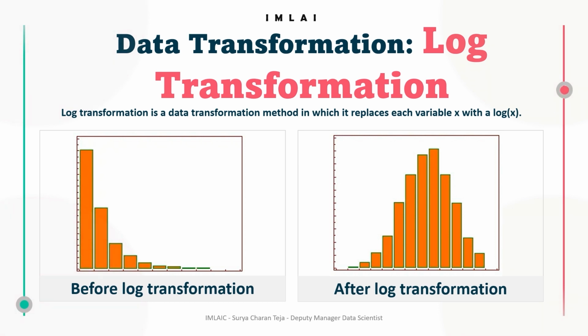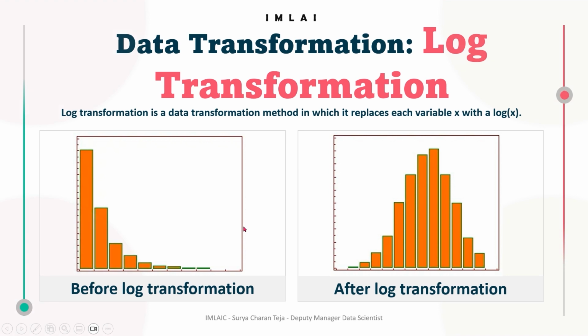The important caveat here is that the original data has to follow or approximately follow a log normal distribution. Otherwise, the log transformation won't work. The original data on which you want to do the log transformation has to approximately follow a log normal distribution like this.